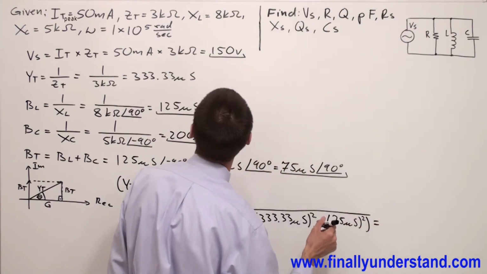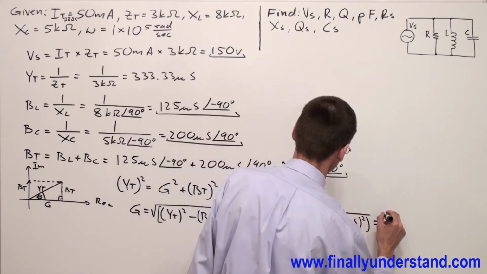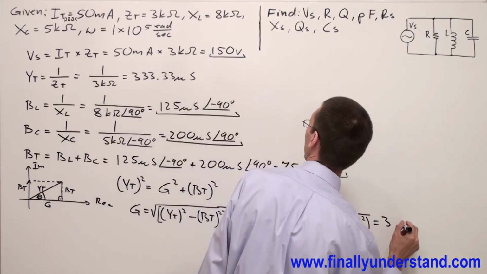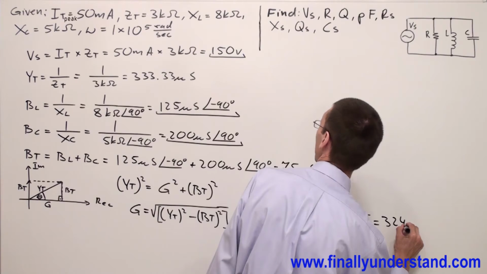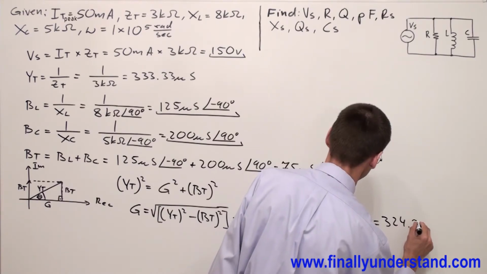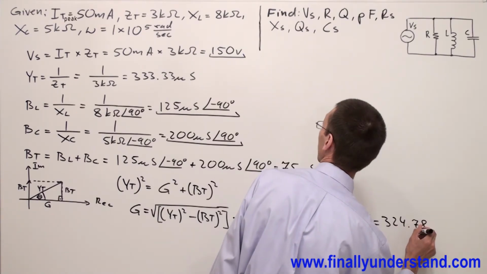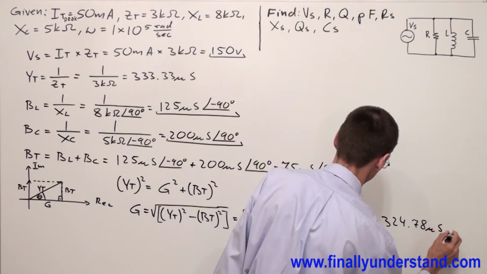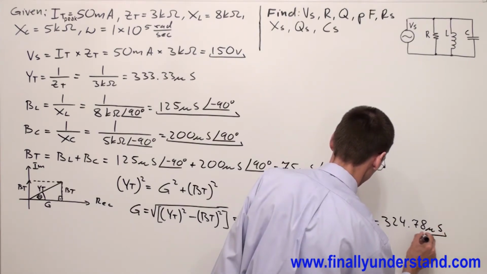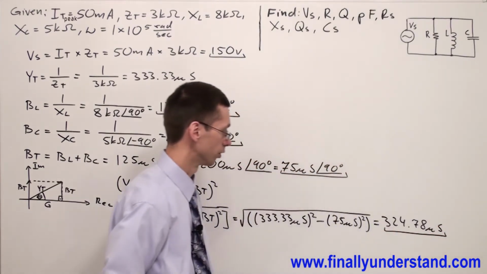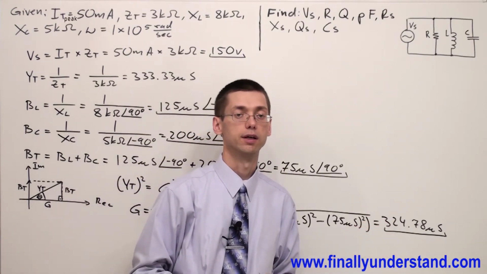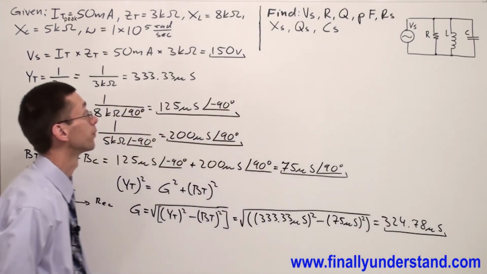Everything is equal to 324.78 microsiemens. Okay, so this is the value of the conductance in my circuit.